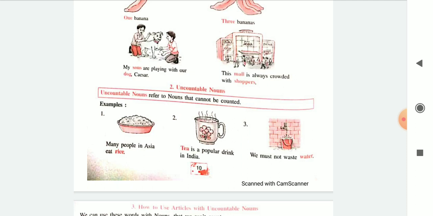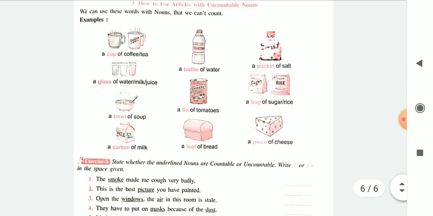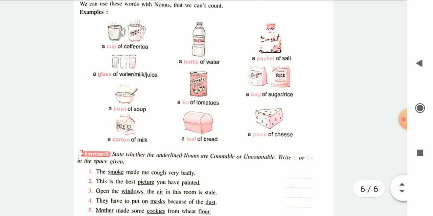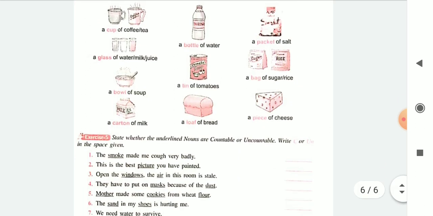See, there's a little tricky part to it also, in the sense we can't count milk. But if the milk is in a cup, we will say, I drank 2 cups of milk. But give me some milk for my breakfast. I hope you understood the difference. So when it is just milk, it is some milk.